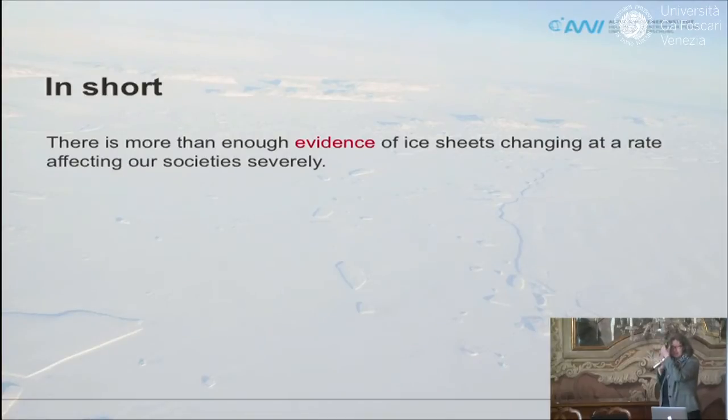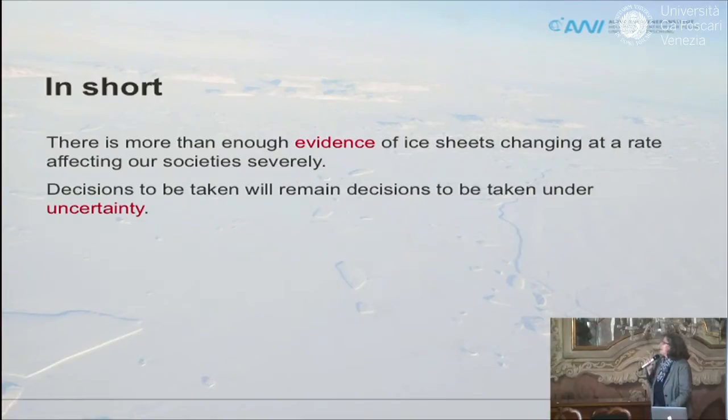So it's a take-home message in short. There is more than enough evidence that the ice sheets are changing at a rate that is affecting our society. There is no doubt about that. If you look at what that means to those who are taking political decisions, or who are taking decisions in industry for changing their way of emissions, for example, they all have to keep in mind that decisions, now and in the next decades, will always be a decision with uncertainty, because the ice models are still not incorporating all the effects.